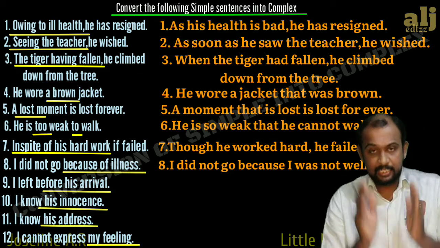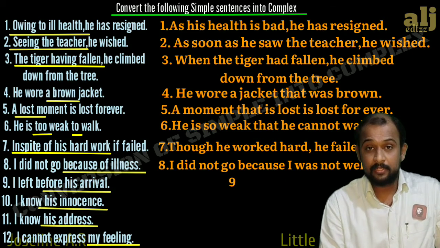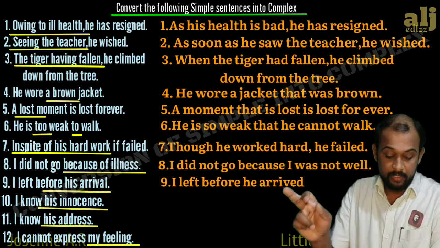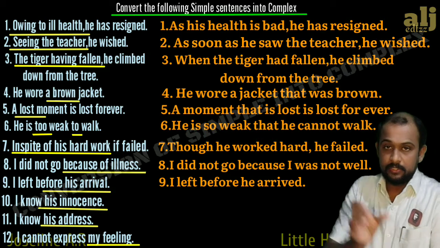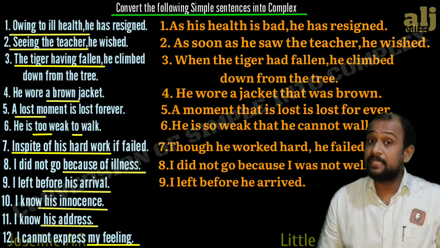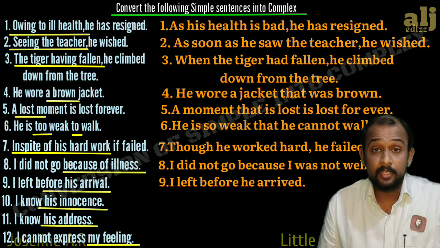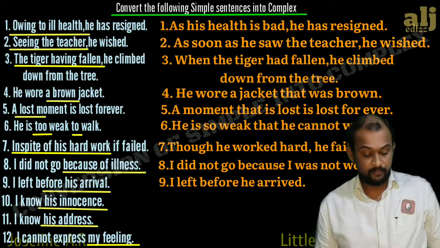You write I left before he arrived. See, I left is a clause, he arrived is a clause. I left is the main clause. He arrived is introduced by the subordinator before, so it is a subclause. Alright? Then it is a complex sentence in fact.